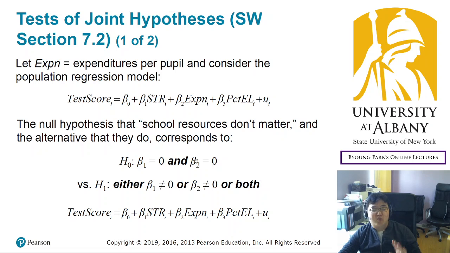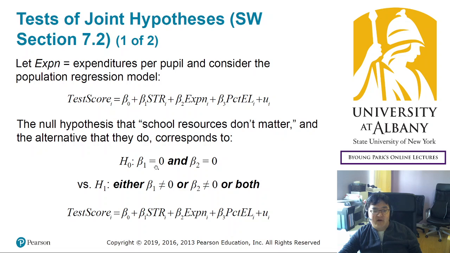So then we would like to test whether beta 1 and beta 2 have any impact or not. So beta 1 equals 0 and beta 2 equals 0. This null hypothesis means both of the variables have no impact at all together. Neither has any impact on the test score.